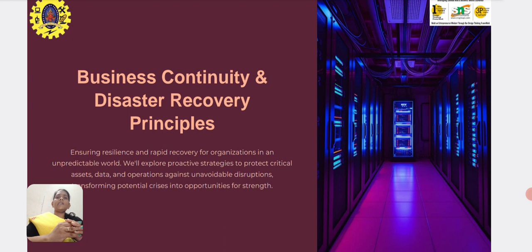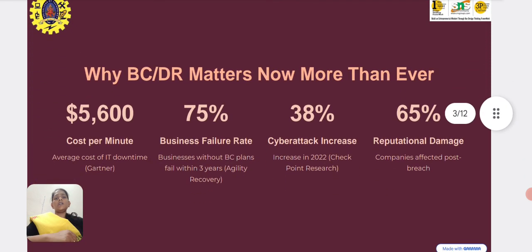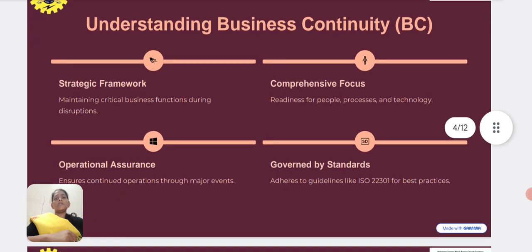Cyber attacks increased nearly 38% in 2022, and 65% of companies suffer repeated damage after a major breach. So to overcome these things, we need to plan certain principles for business continuity and disaster recovery. Let us see the basic understanding of business continuity.